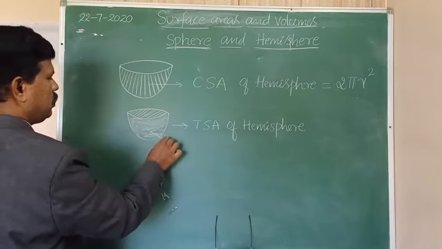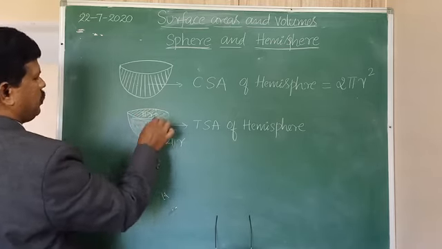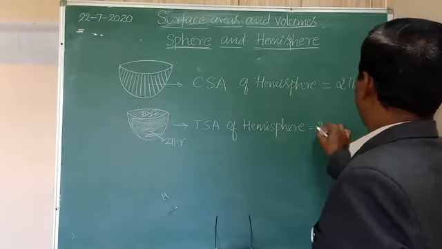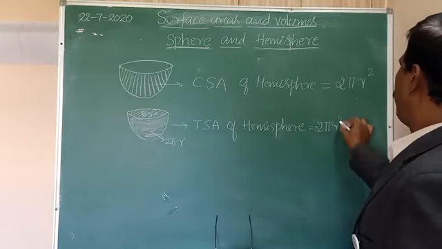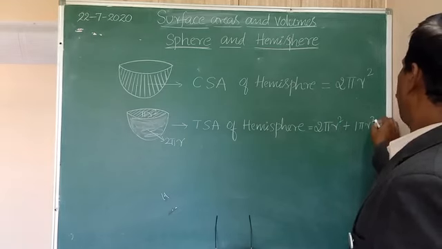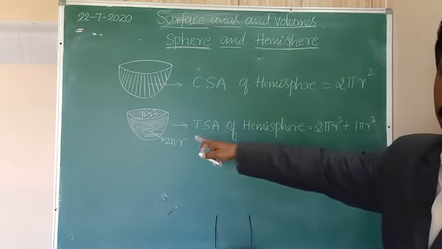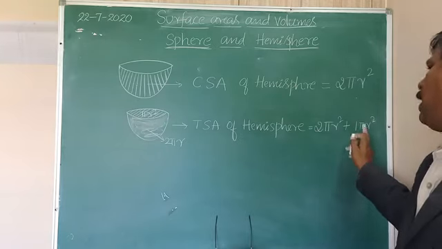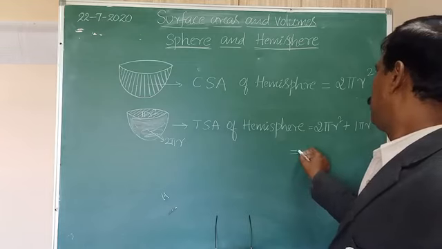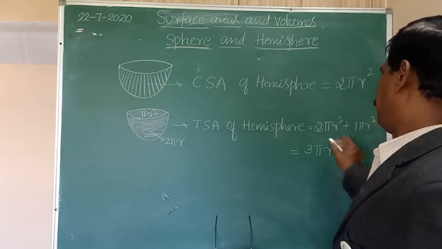So this is 2 pi r square and this is 1 pi r square. So when you add, it is 2 pi r square plus 1 pi r square. This 2 pi r square is the curved surface area. For that you are adding 1 pi r square, the top one. So total is 3 pi r square.